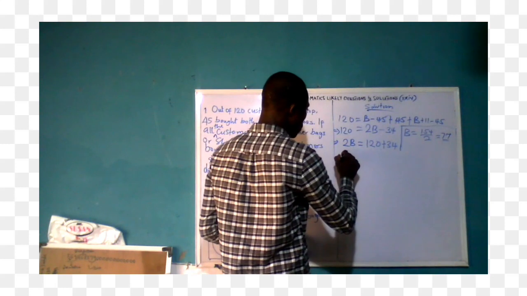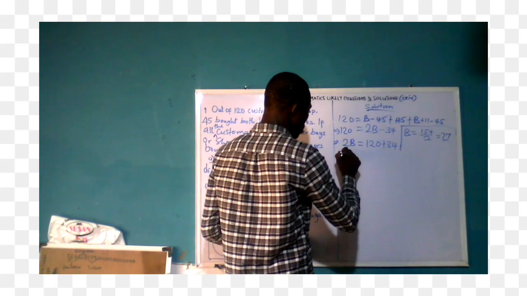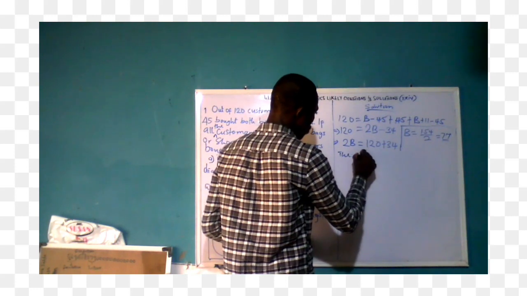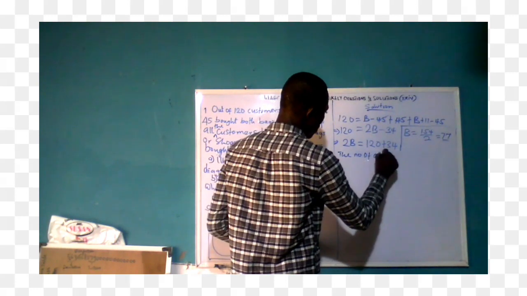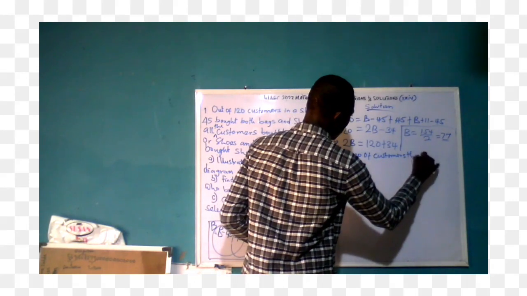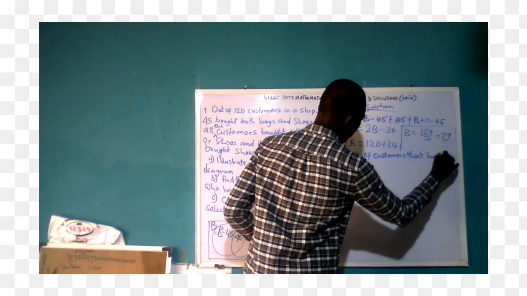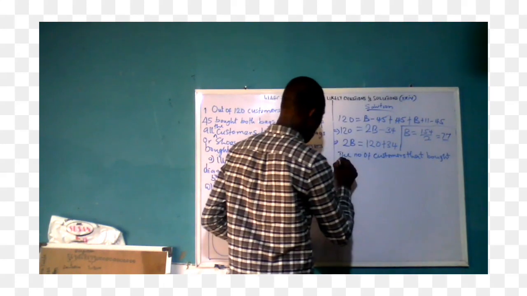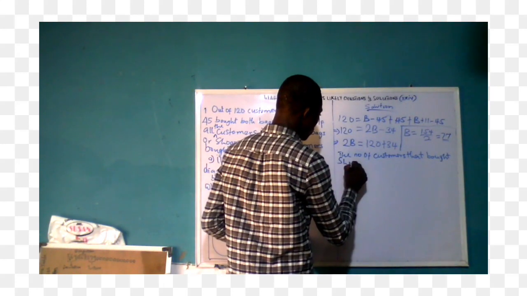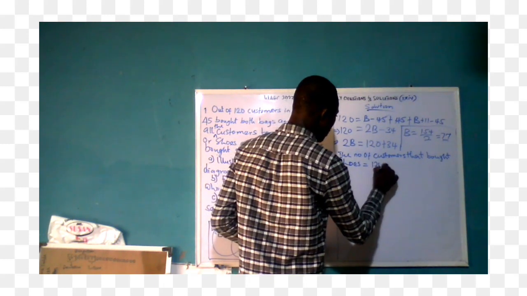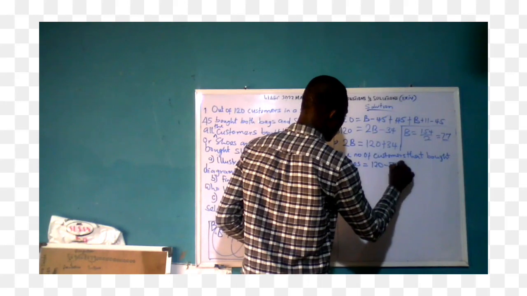So the number of customers that bought shoes will be equal to 120 minus 77.